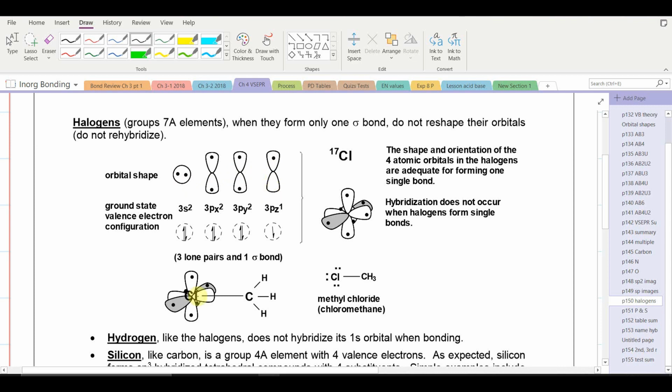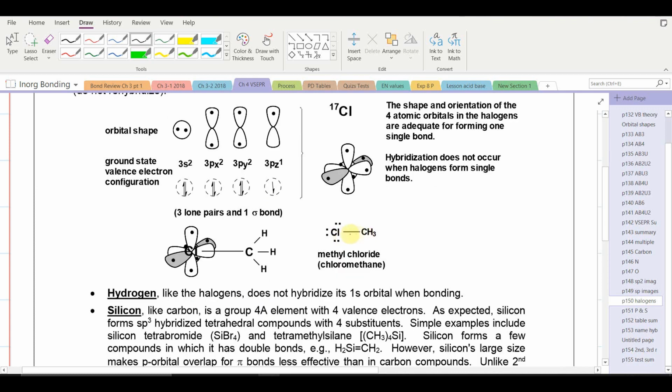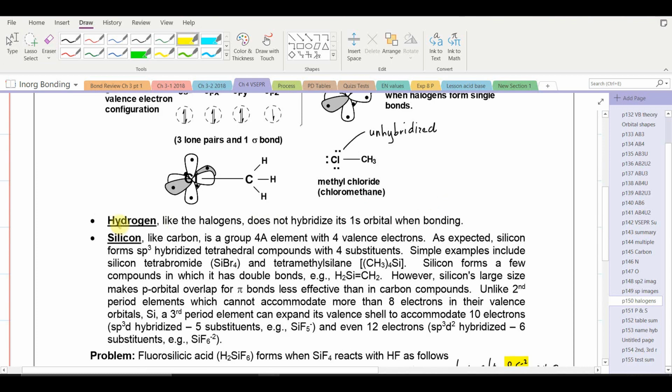And since it's only forming a single bond, there's no real reason for it to rehybridize. So in a formula such as this, we would say that chlorine is simply unhybridized. What about hydrogen? We mentioned at the beginning of the chapter that hydrogen already has a half-filled 1s orbital that's appropriately shaped for bonding. So there's no reason to propose its hybridization.